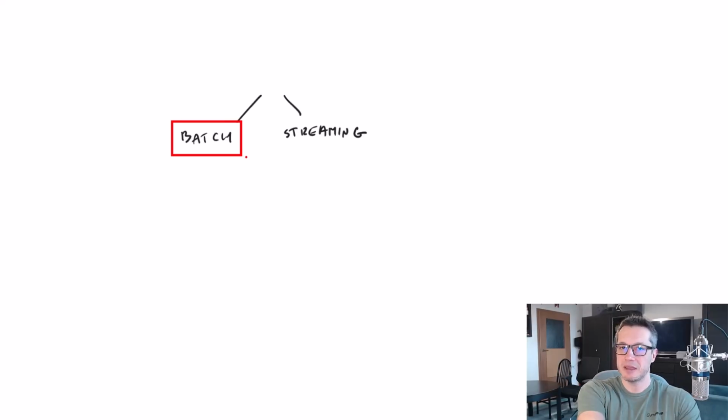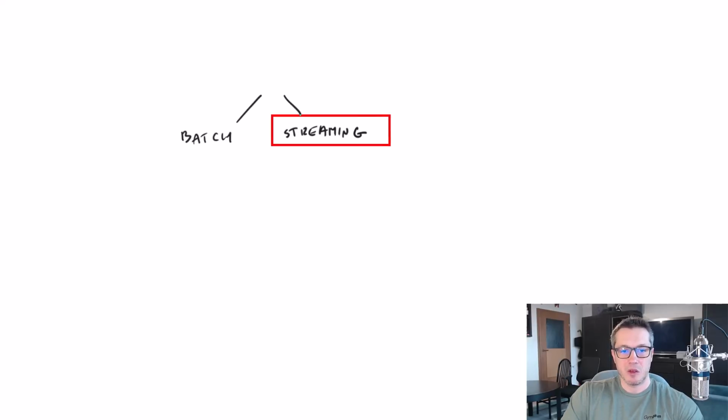It will grab the data that was generated during the day, it will process it and prepare some data outputs, reports, emails, whatever you do. So the next day, when employees come to work, they will have this fresh set of data prepared. And my example was from this batch world.